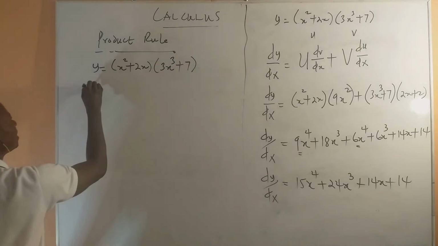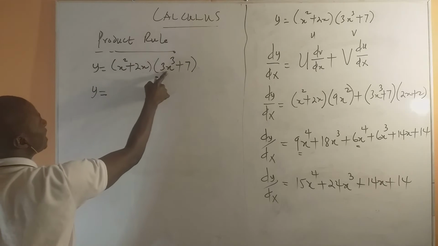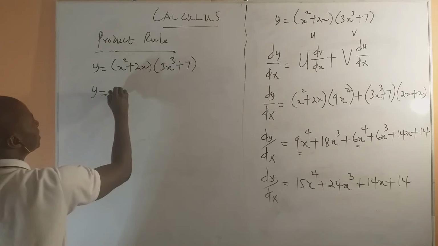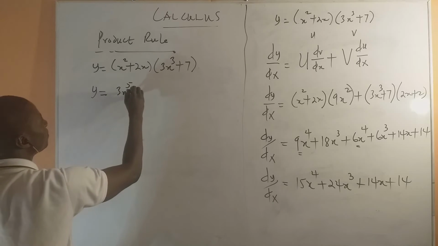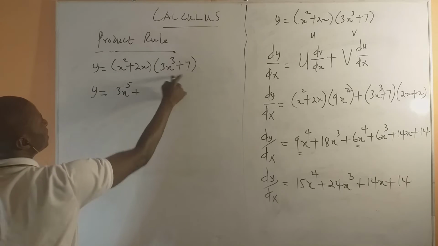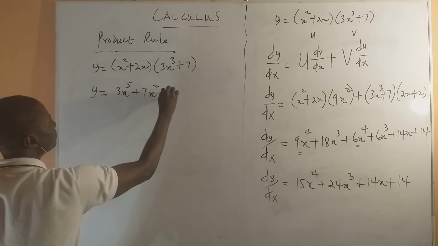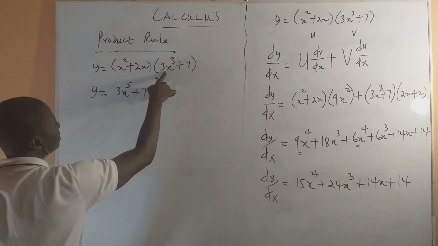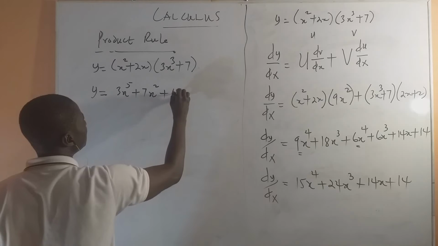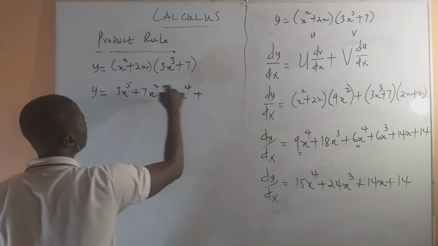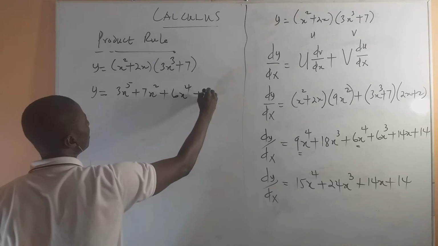So let's expand. x squared times 3x cubed will give us 3x exponent 5. Then x squared times 7 will give us 7x squared. Then 2x times 3x cubed will give us 6x exponent 4. Then 2x times 7 will give us 14x.